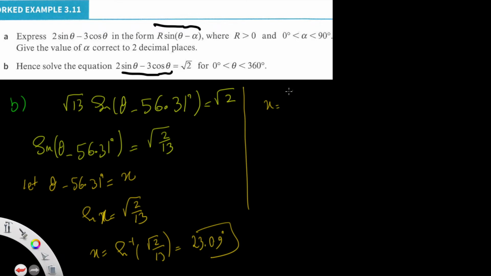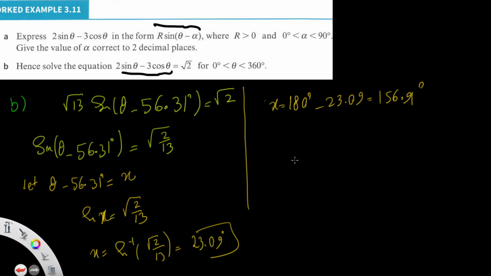Then for the next answer, we know that the next x is 180 minus 23.09, which is equal to 156.91.